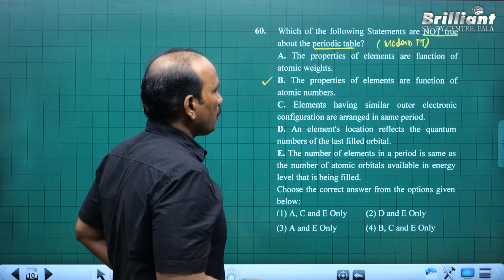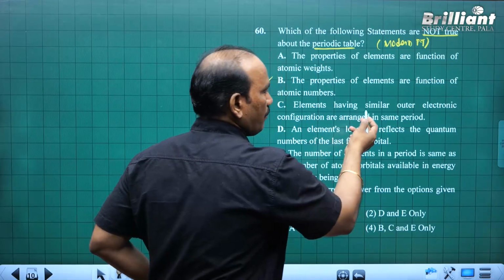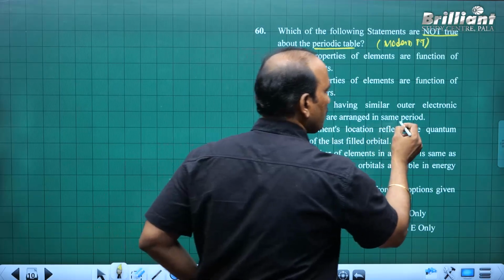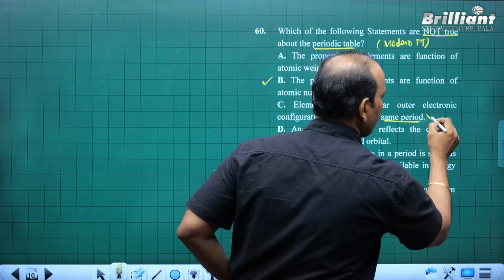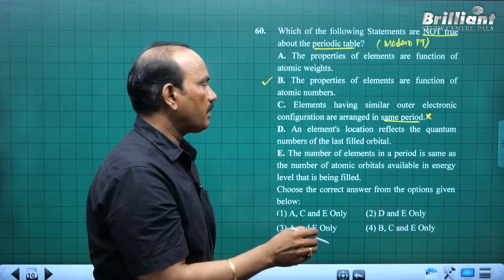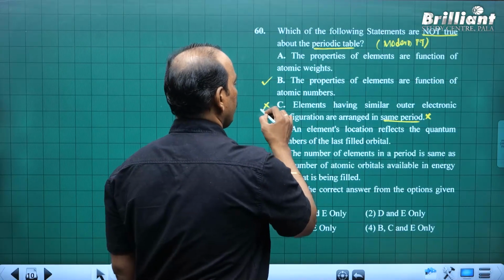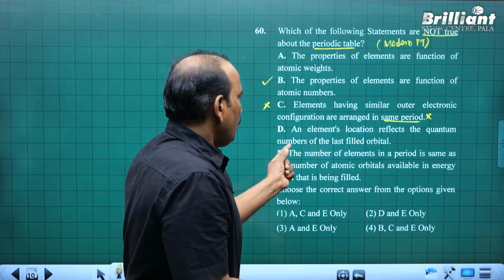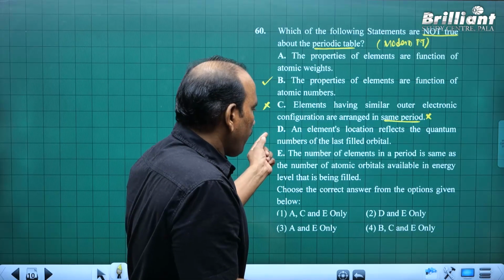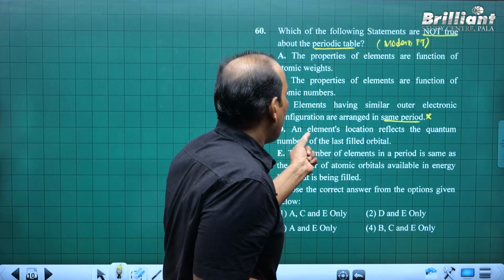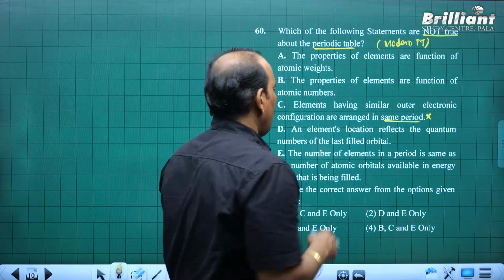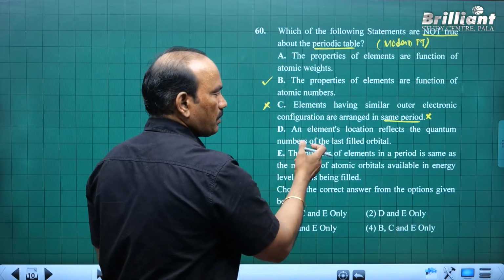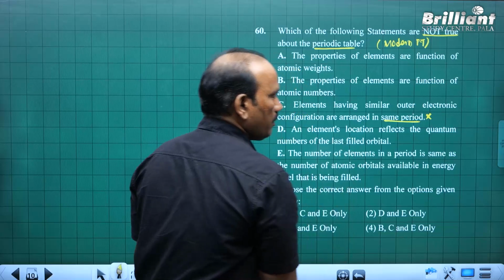Now here, elements having similar outermost electronic configuration in the same period is wrong. It is related to the group. Next one, elements' location reflects the quantum numbers of the last filled orbital.